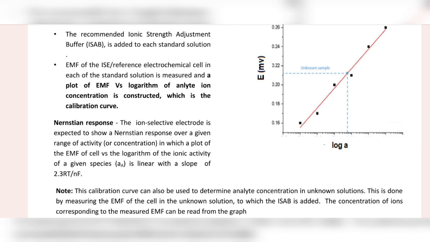The ion selective electrode is expected to show a Nernstian response over a given range of activity, in which a plot of EMF of the cell versus log A gives a linear relationship. The regions in which it shows a Nernstian response are linear, so here log A and E are in linear format. If the plot is linear, then it follows a Nernstian response.